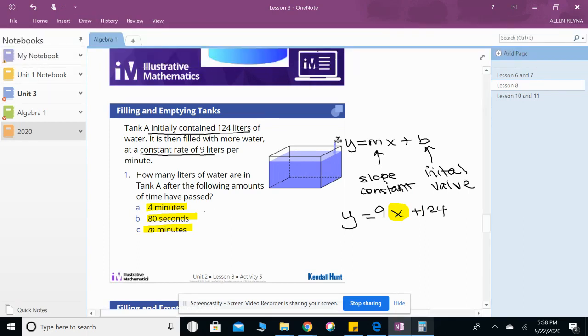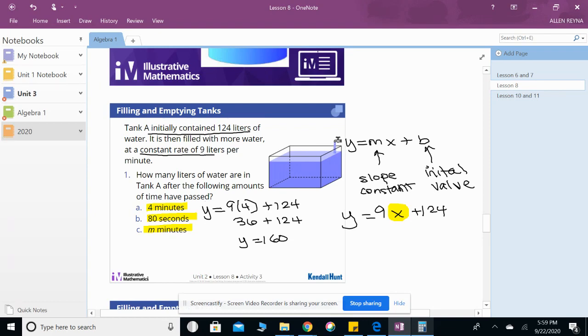Okay, so let's try. y equals 9 times 4 plus 124. 9 times 4 is 36. And then 160. So your tank will have 160 liters after 4 minutes.